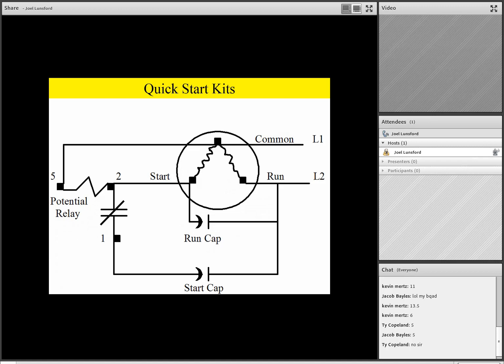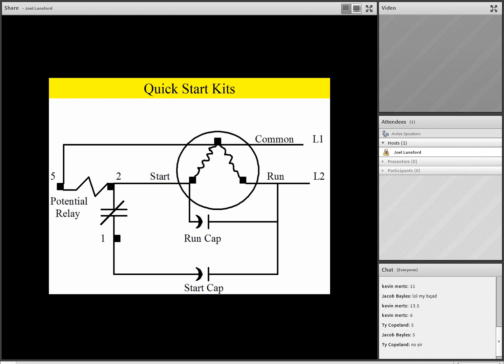You'll notice the potential relay, terminal number 1 and terminal number 2, there's a set of contacts that are normally closed when the unit is not running on the potential relay. You'll notice terminal number 5 on the potential relay is actually the other side of a coil that goes between the common terminal and terminal number 2, the start terminal.